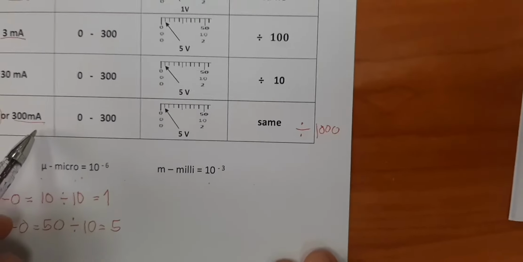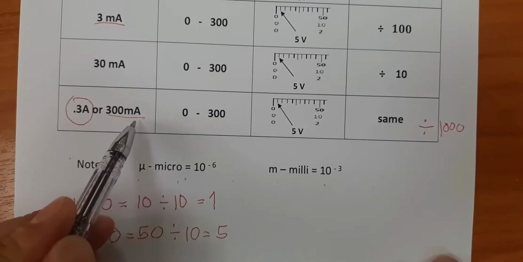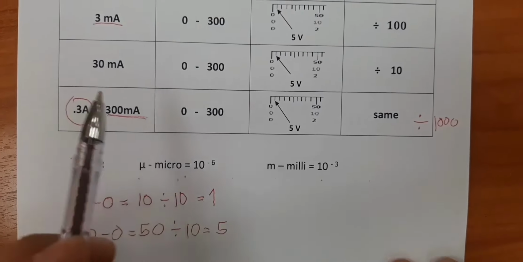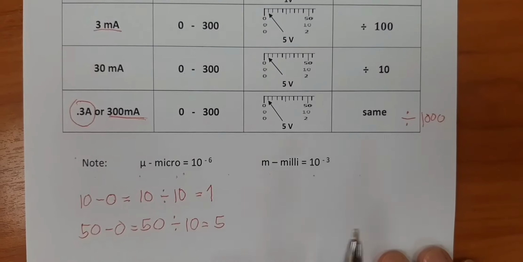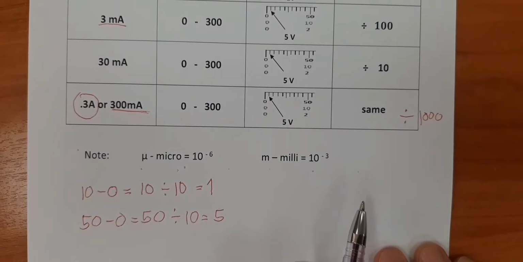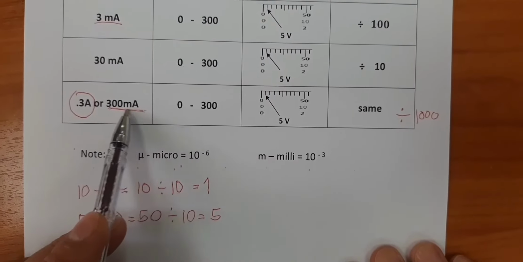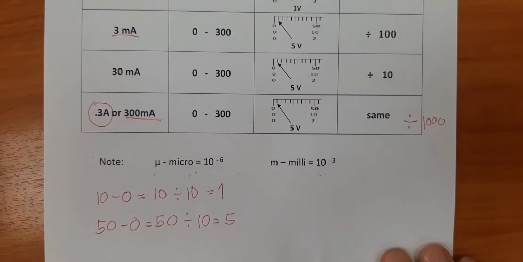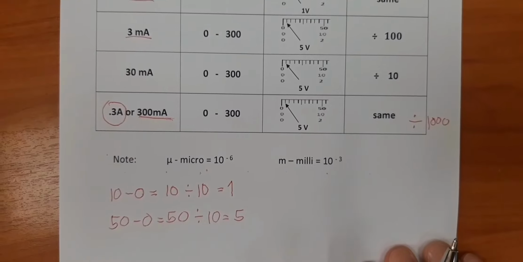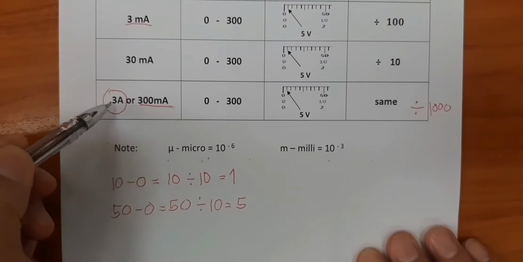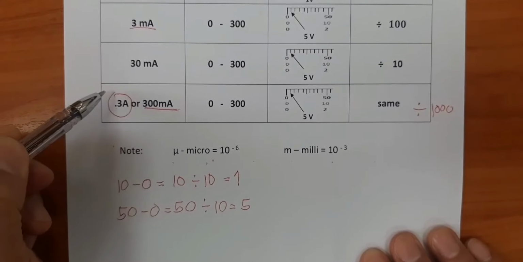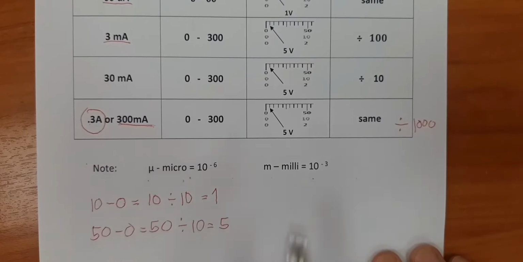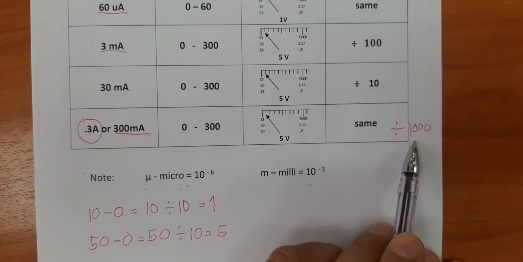Again, as 300 milliampere, the scale reading will be the same as the actual current reading. But for 0.3 ampere, move 3 decimal places to the left, or divide by 1,000.